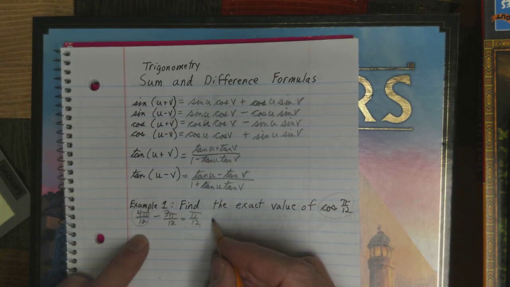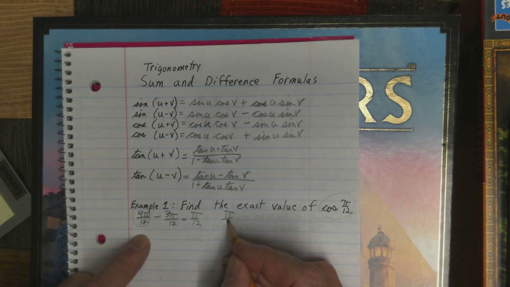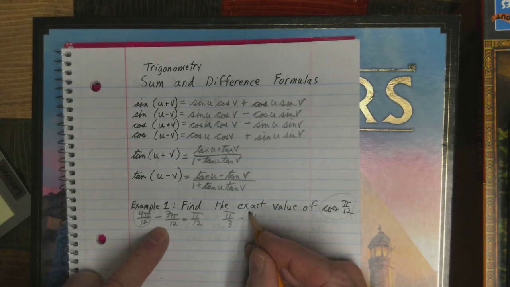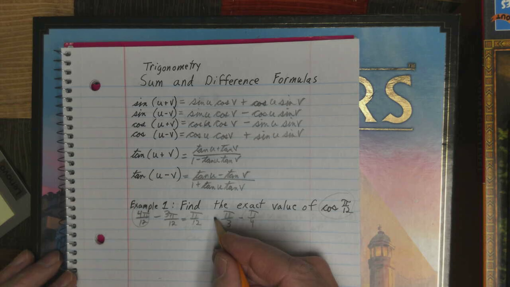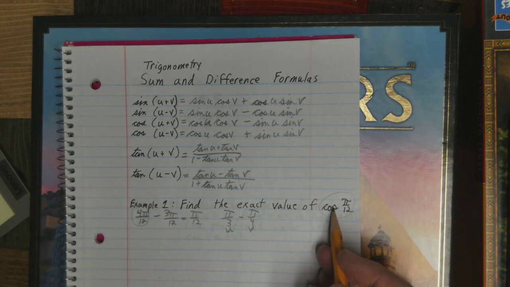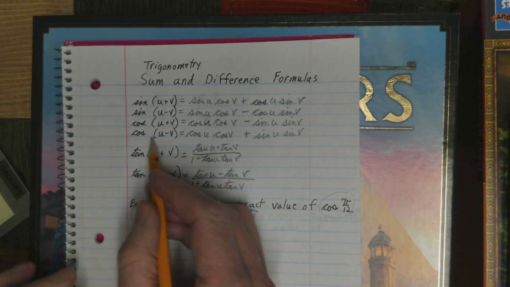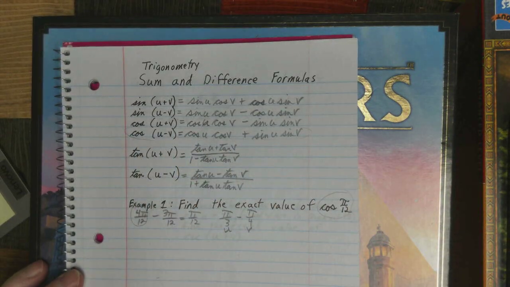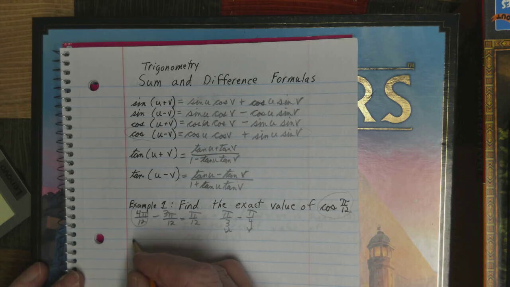And the nice thing about this is the way these reduce. That's pi over 3 minus pi over 4. So if I let pi over 3 be my u and pi over 4 be my v, and I'm using the cosine, I'm going to use this identity, that formula.